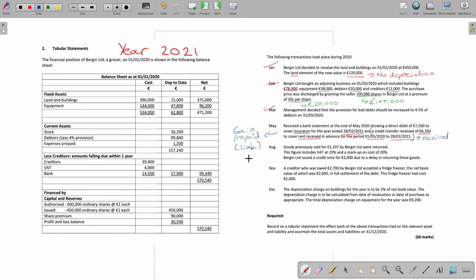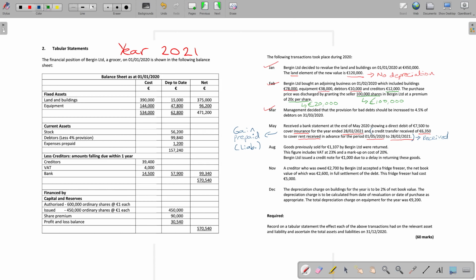Because someone's basically paying us for a service that they haven't even availed of yet, so we technically owe them money. Until all of that time period has happened, from the 1st of May up until the end of February 2021, we still owe them that money until that time has passed.